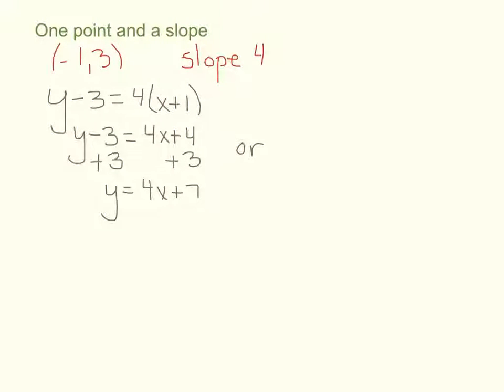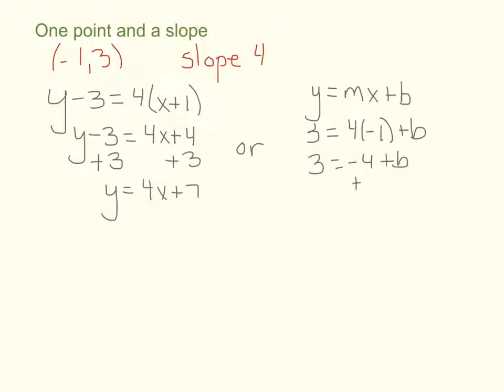Or if you wanted to, you could plug into y equals mx plus b to start off with and solve for b because we don't know what b is here. So I'm going to plug in, I would get 3 equals the slope, which is 4, times the x value, which is -1. So I'm going to get 3 equals -4 plus b. We're going to add 4 to both sides.